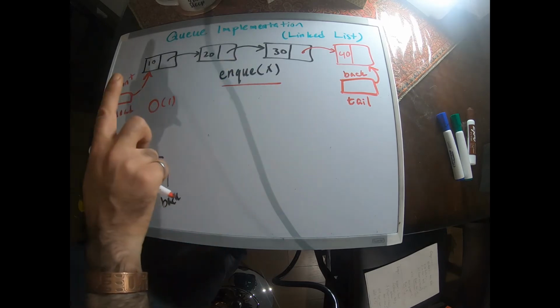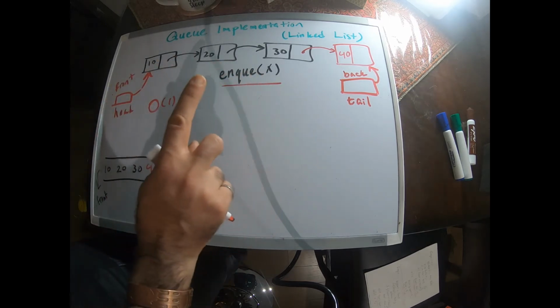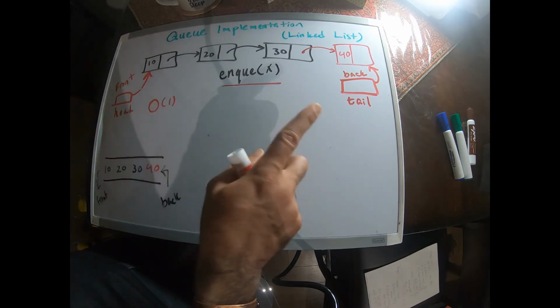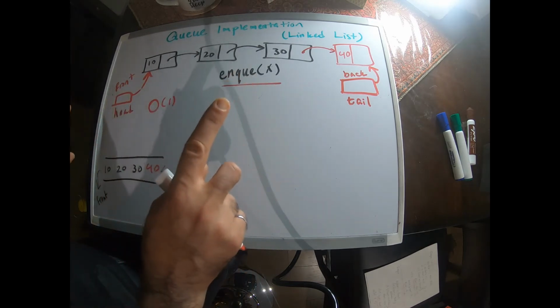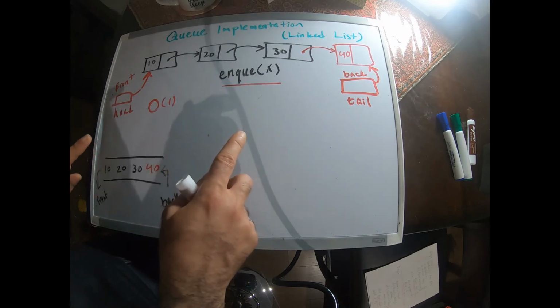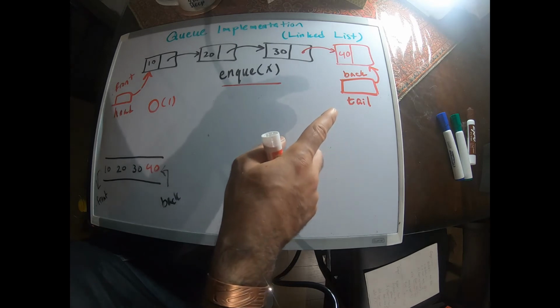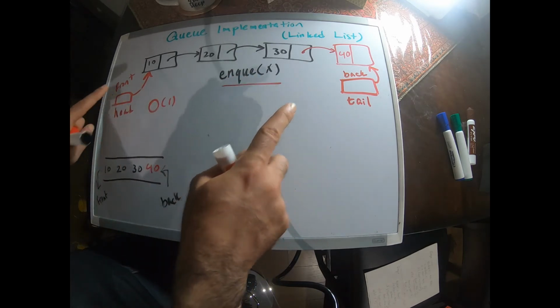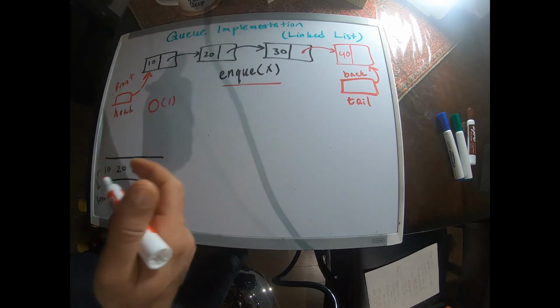Okay, so you can think of this linked list implementation as corresponding to the array implementation. In the array implementation, we had two variables, right? We had front and back. Here we also have two pointers this time, front and back, or front and rear.